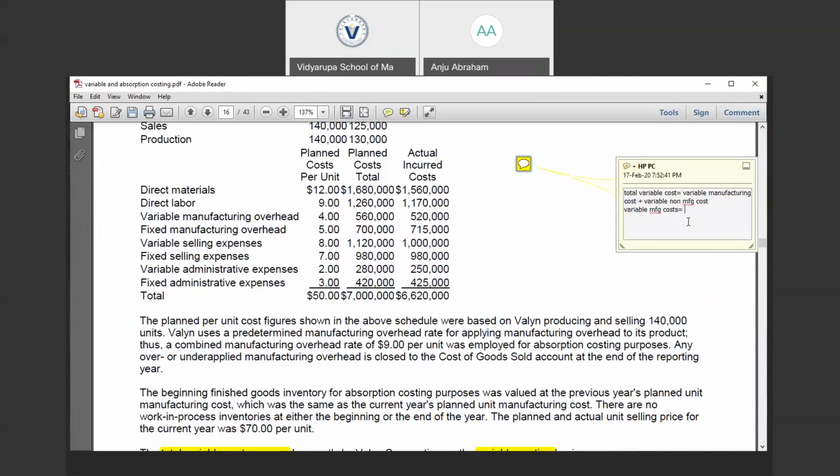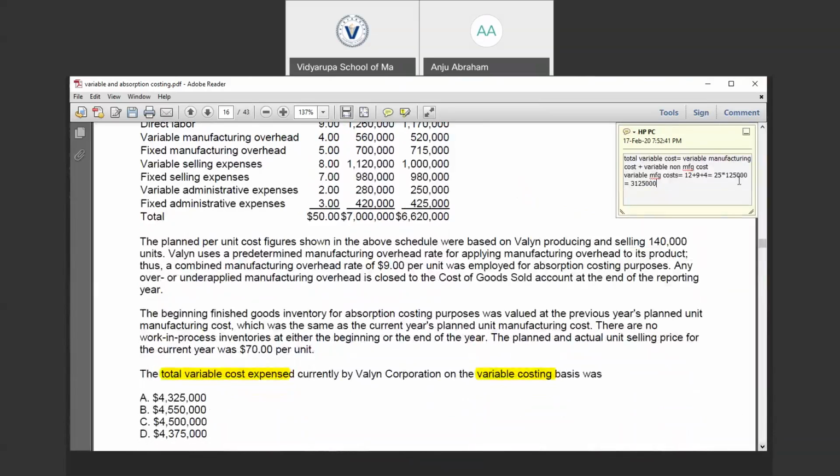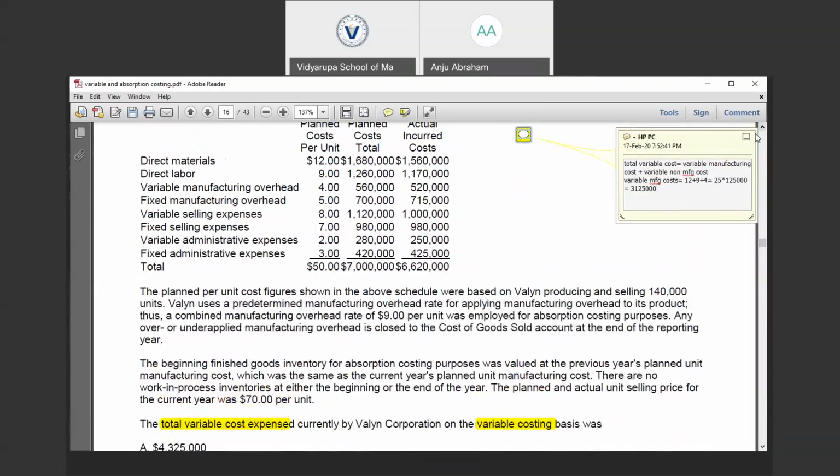It is equal to direct material 12 plus direct labor 9 plus variable manufacturing overhead 4, which is 12 plus 4, 16, and 16 plus 9 is 25, into the sales level of 125,000. 25 into 125,000 is equal to 3,125,000. That is the variable manufacturing cost.